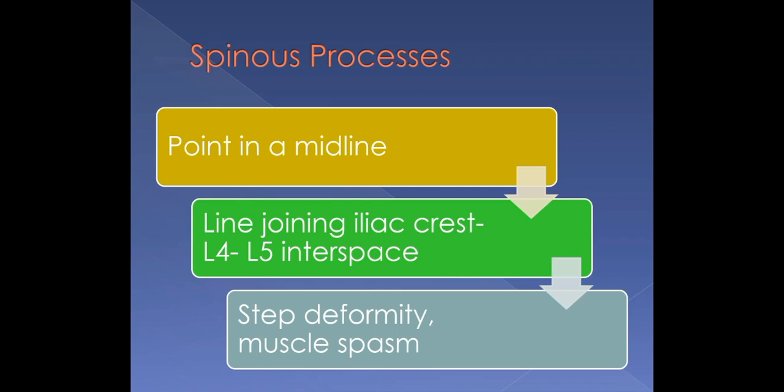However, pathology in this area results in spasm of the overlying paraspinal muscles, which can also be palpated. So while we are palpating the lumbar spine posteriorly, we also have to palpate the paraspinal muscles. They can have spasm because of the pathology.